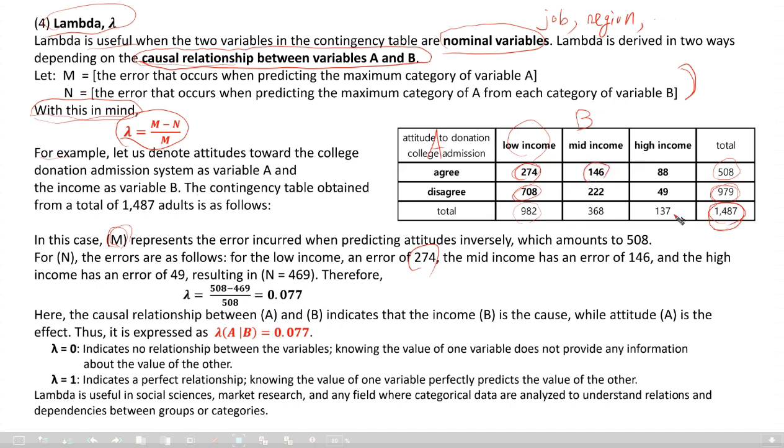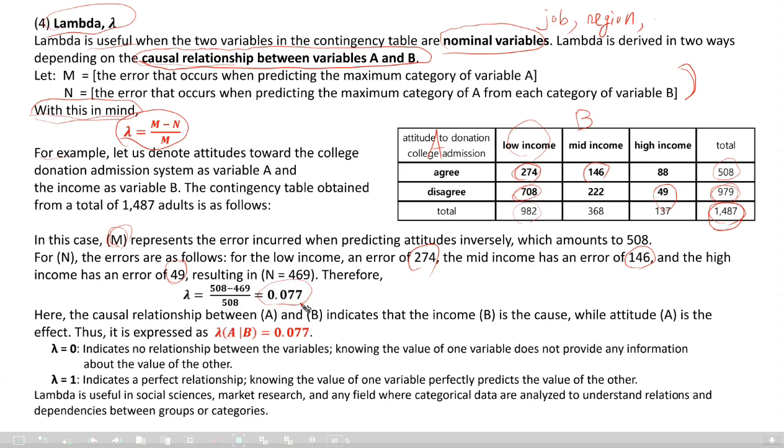And for high income, all of them agree because of 88. Then in this case, how many errors? 49. So 274 plus 146 plus 49 is N, resulting in N equal to 469. So this value, 508 minus 469, divided by 508, is lambda.